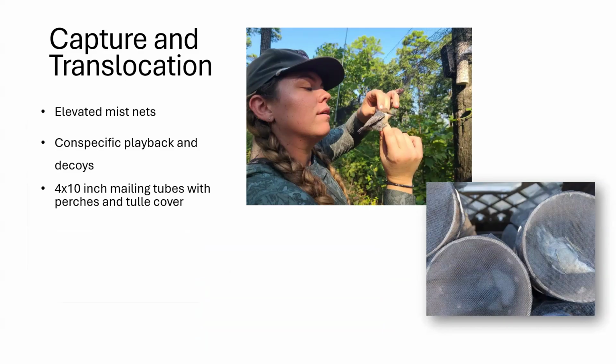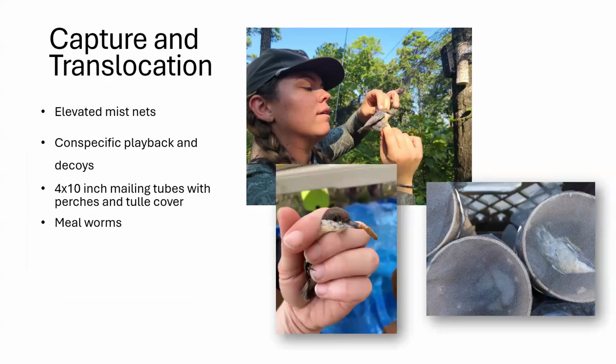As you all know, each species has its own challenges, and you learn about how to capture them best. And once we extracted those birds from the mist nets, we put them into 4x10-inch mailing tubes, like you see here in this photo, with perches at the bottom and tulle fabric covers so that they were nice and breathable.